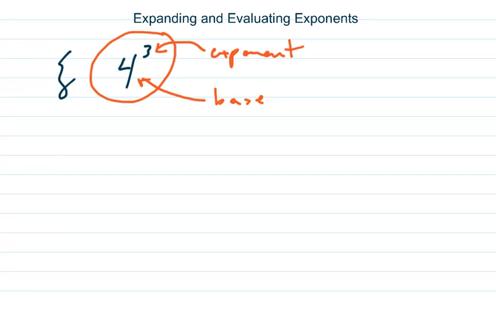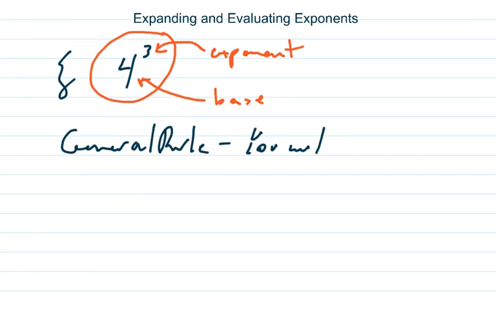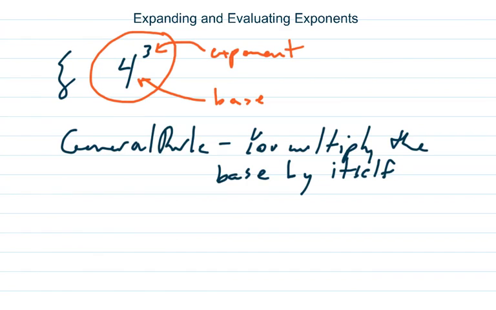Now, when we talk about expanding, you have to remember the general rule, and I'm going to write this down, and yes, that's the best writing I have. The general rule for exponents is you multiply the base by itself that many times.